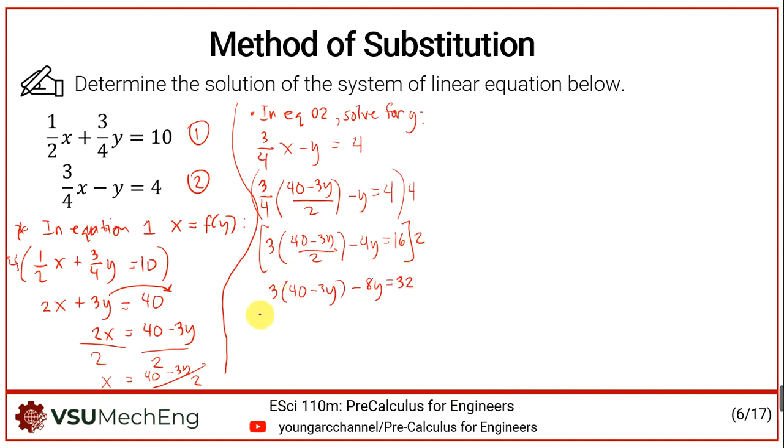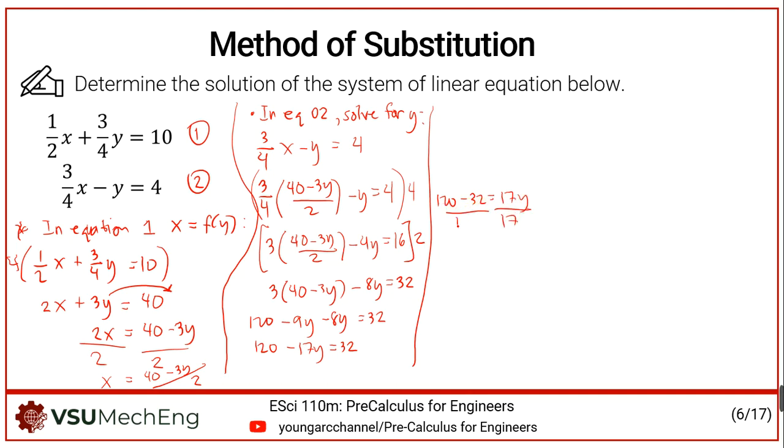Then I'm going to distribute this, so I have 120 minus 9y minus 8y is equal to 32. I will combine these two like terms, negative 9y and minus 8y, which gives me negative 17y. Then combining the constants, 120 minus 32 is equal to 17y.